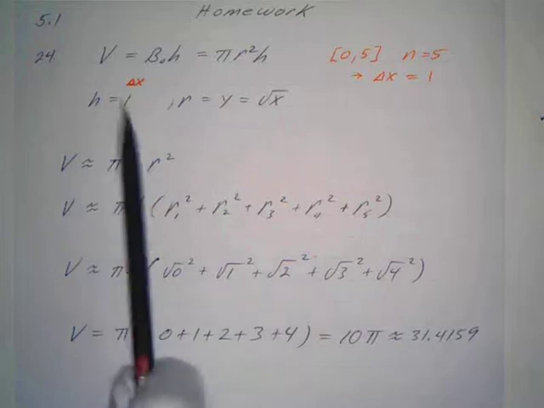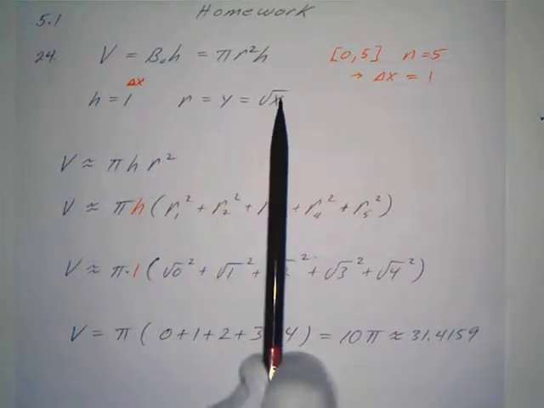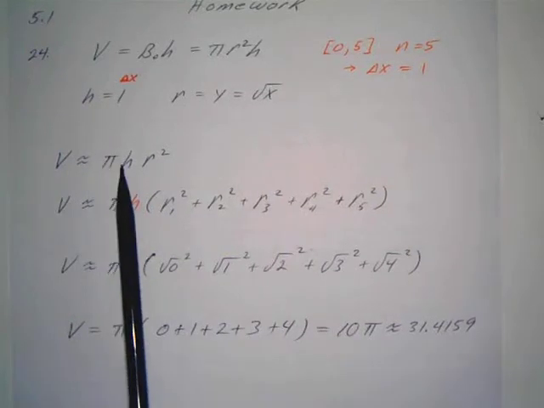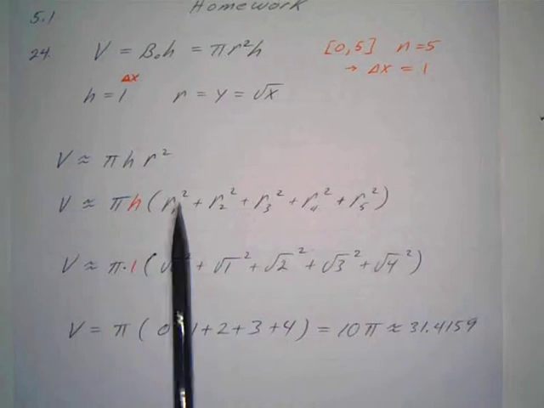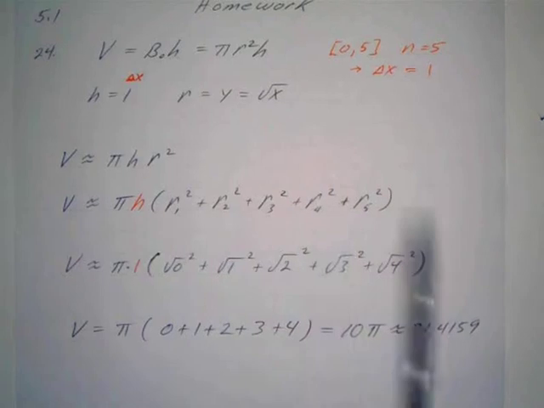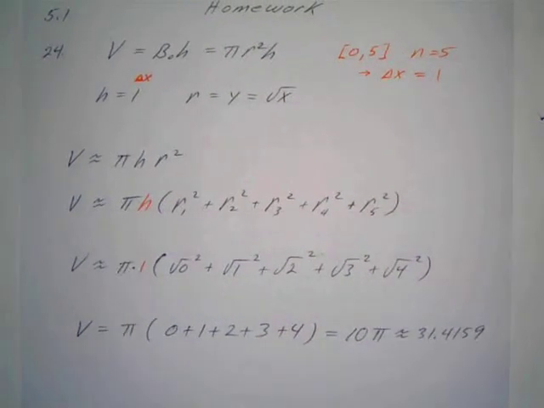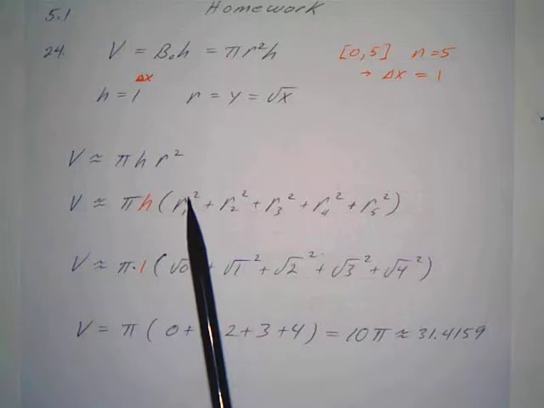So the height, delta x, is 1, and my radius is given by the square root of x. The volume is pi h r squared, so I've got pi h r1 squared, pi h r2 squared, pi h r3 squared, pi h r4 squared, pi h r5 squared. That would give me the volume of the 5 cylinders, so I just factored out the pi and the h being 1, and then each of these would be the radius squared.